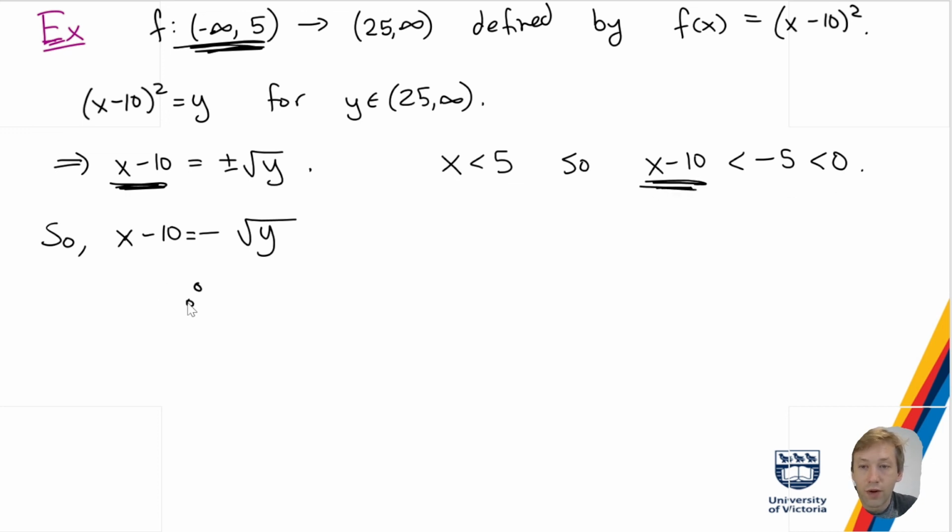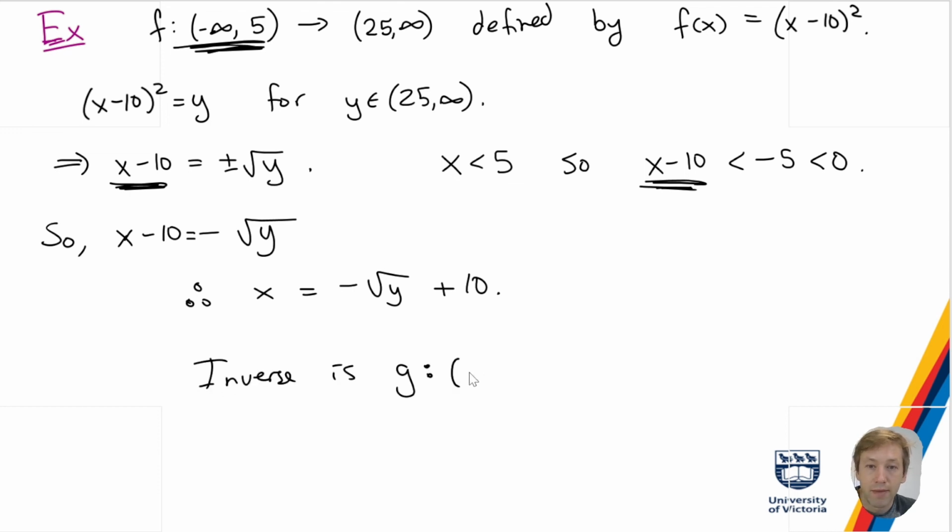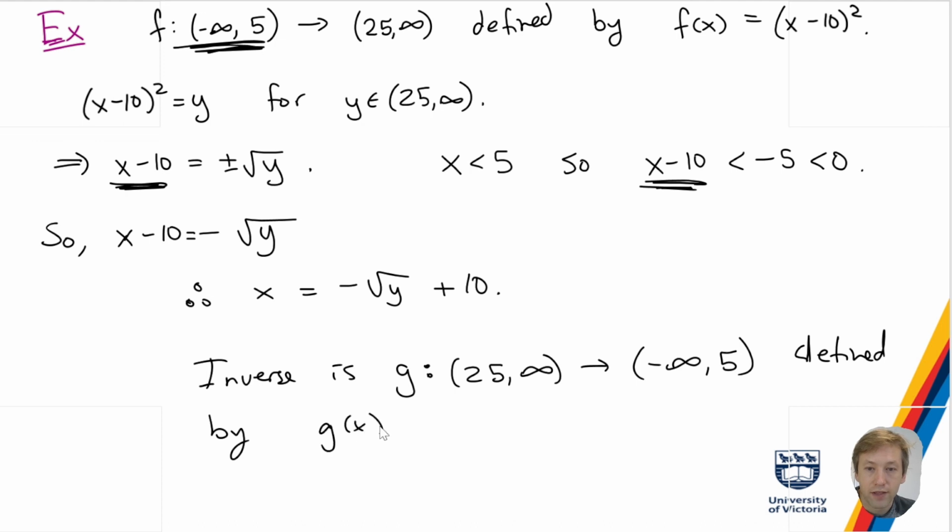So therefore, we get that x is negative root y plus 10. So my inverse is the function g mapping from the interval 25 to infinity to negative infinity to 5, defined by g of x is negative root x plus 10.